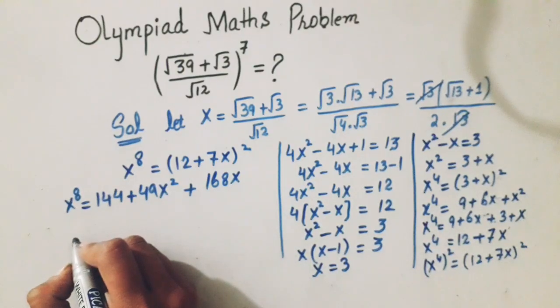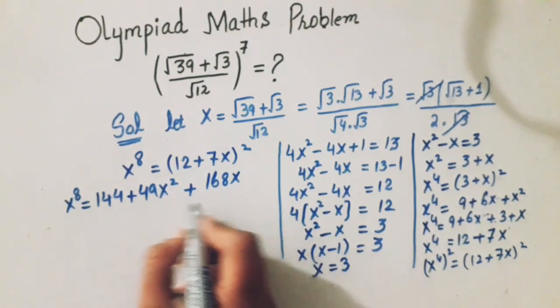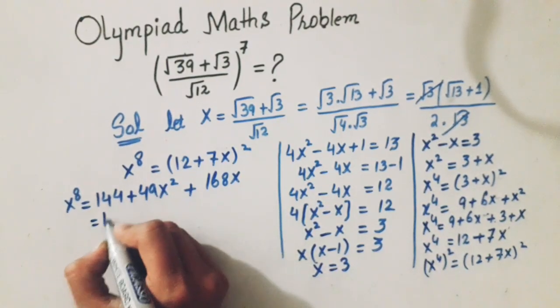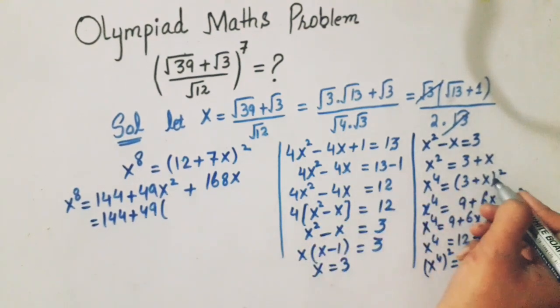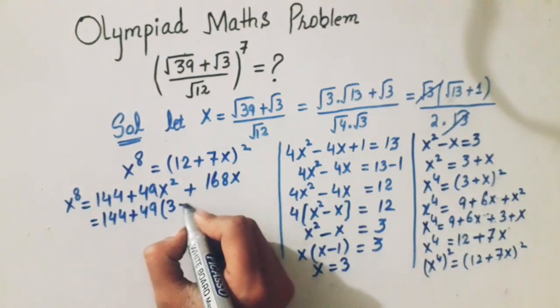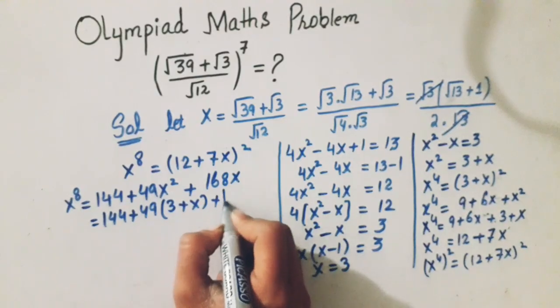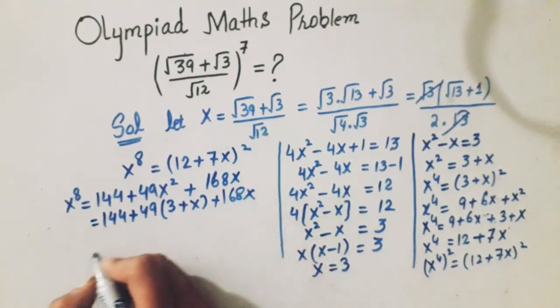Now in the next step we will solve this further, substitute the value of x square. So 144 plus 49 and the value of x square is 3 plus x, plus 168x.